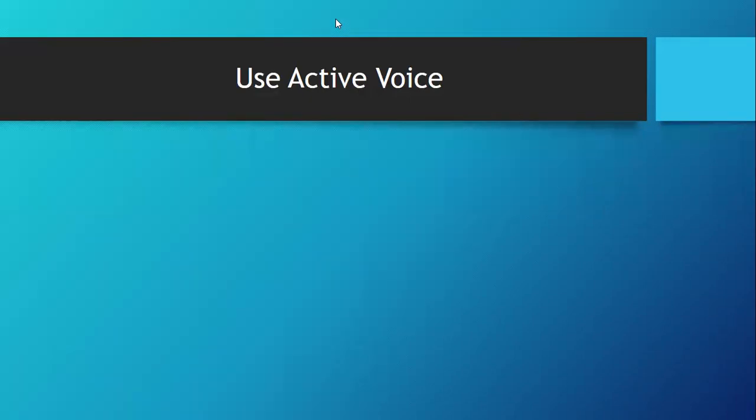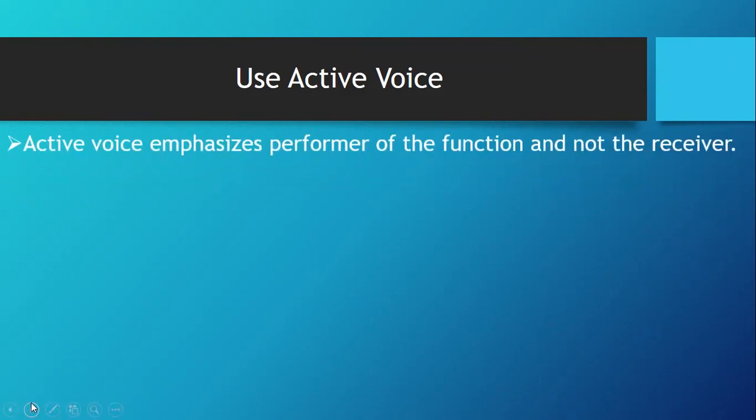Yes, absolutely. The clarity, and also Mariam says it's easier to understand. Thank you. That is, it is there for clarity, and it's easy to understand. That's why it's always used in technical writing. So it emphasizes the performer of the function and not the receiver, right?